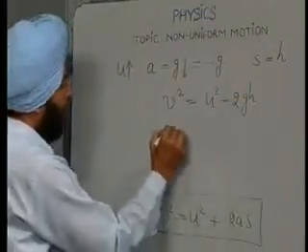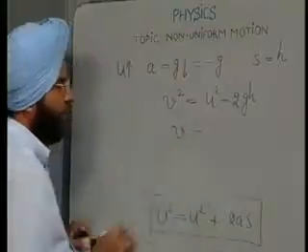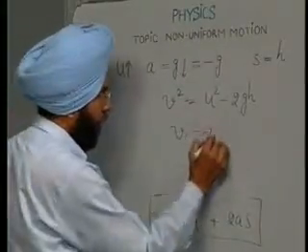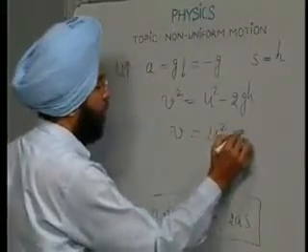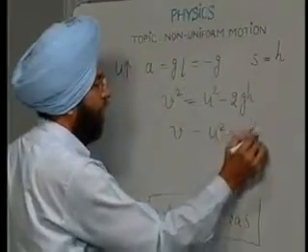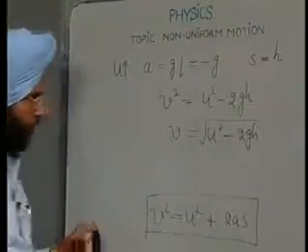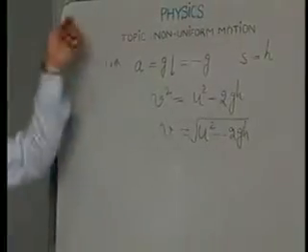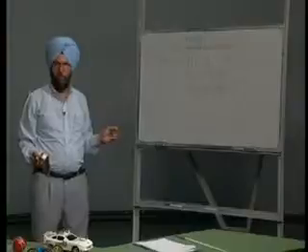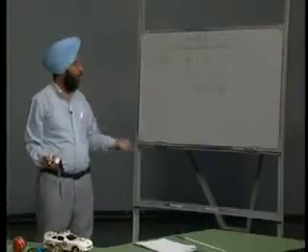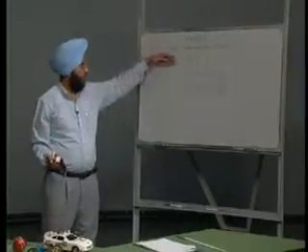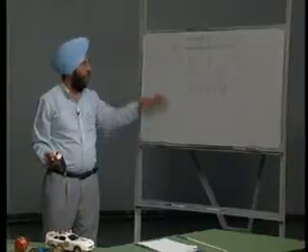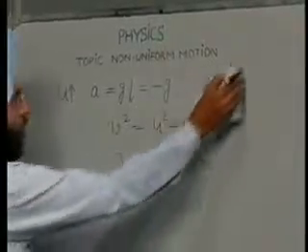So, we can find the final velocity as u square minus 2 g h under root. This is for a body that is moving in the vertical direction. The body is thrown upwards, acceleration is directed downwards, so we take it negative.